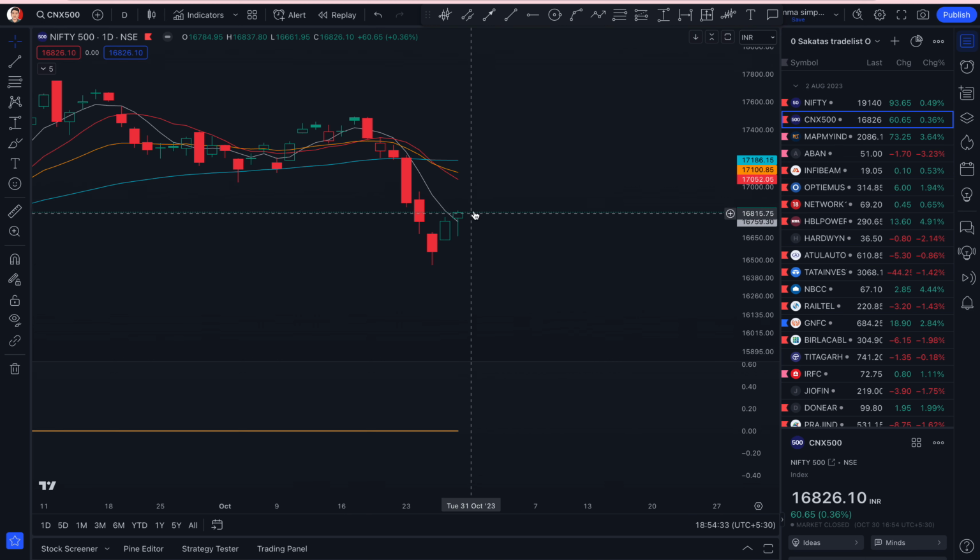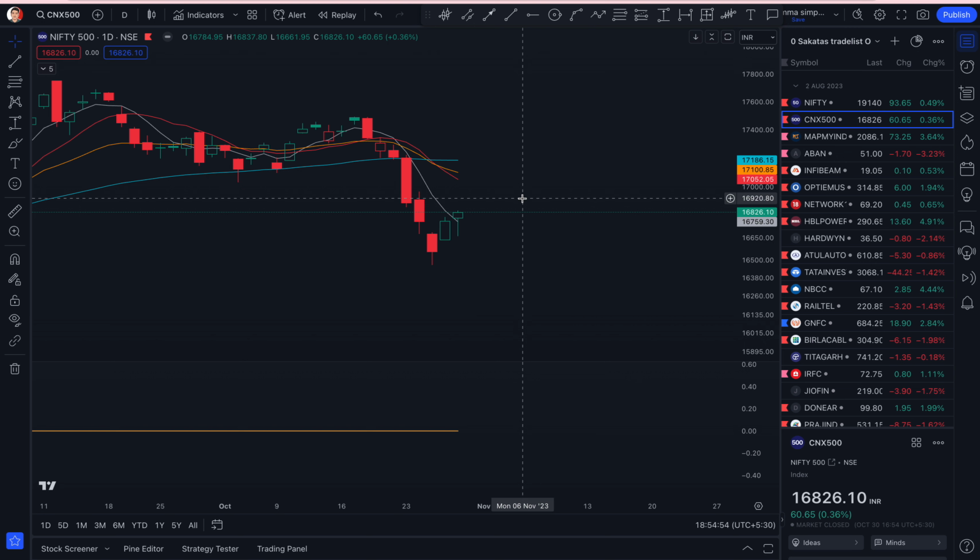So the more this counter trend rally goes on, your pullbacks will not be effective because the probability of the market again sliding lower is high, right? So that is why timing is of utmost importance as a swing trader.